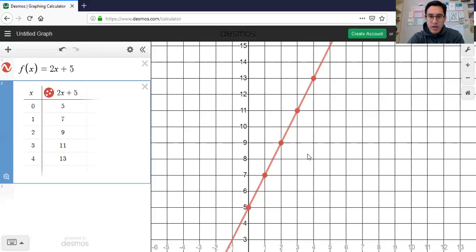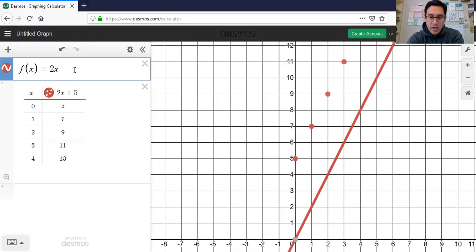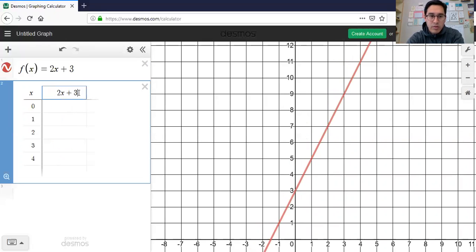All right, so what we know is that the numbers, the coefficients in our function, correspond to different features of its graph. For instance, the plus 5 is related to the y-intercept. It tells us exactly where our line crosses the y-axis. And we can change that. If I make the function, say, just plus 3, we'll have to change it in the table of values too, plus 3.